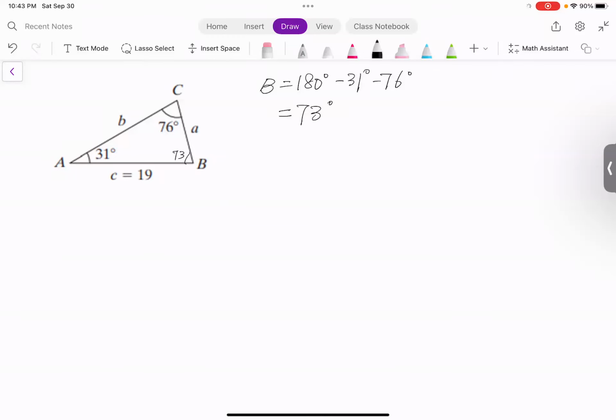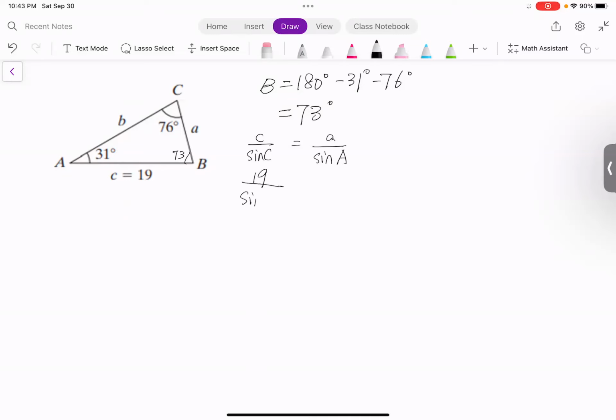And what is the given information? Oh, I have angle C and the side opposite of C. That means I can list a relationship between C and A, C and B. So c over sine C equals a over sine A. c equals 19.